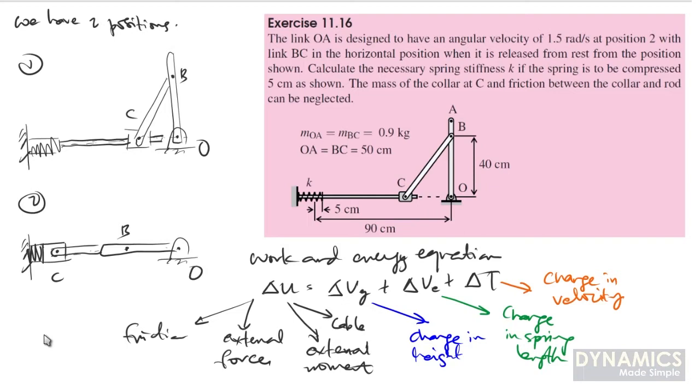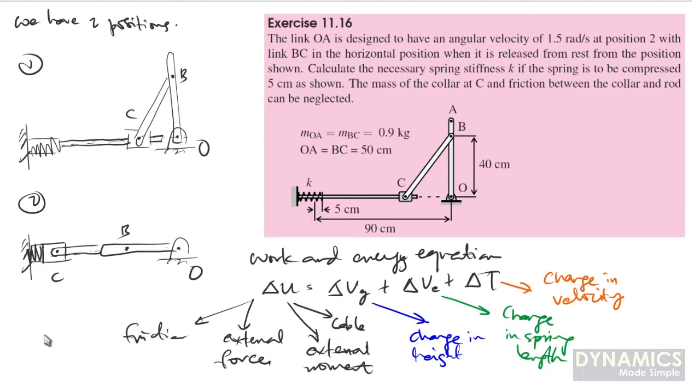So in this case, we have two links, OA and BC. Only OA and BC have mass attached to them, so bear that in mind. We were told that OA will have an angular velocity of 1.5 radian per second at position 2, whereby link BC will be in horizontal position.